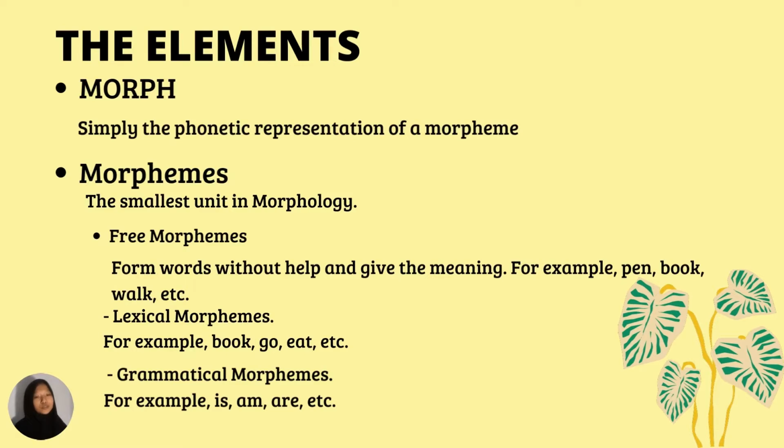For example, book, go, eat, etc. And grammatical morphemes. It means words that function to specify a relationship between one lexical morpheme and another. For example, is, am, are, etc.